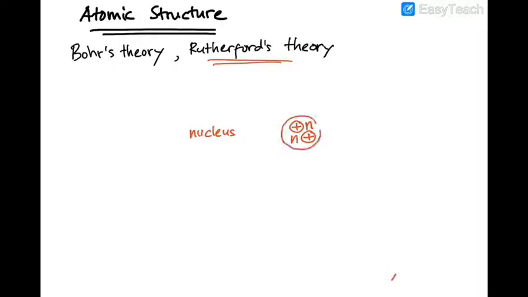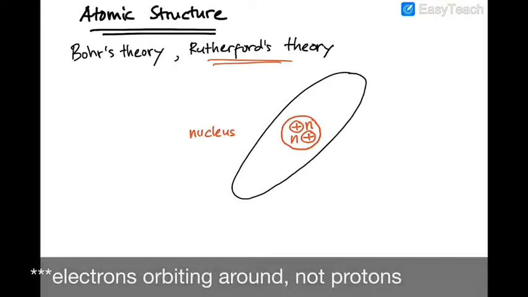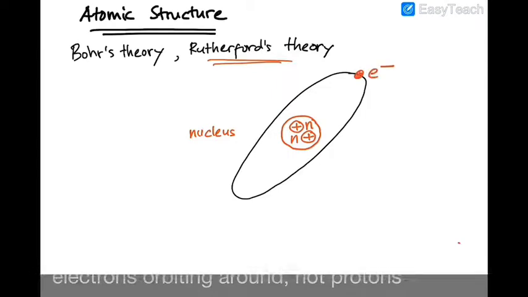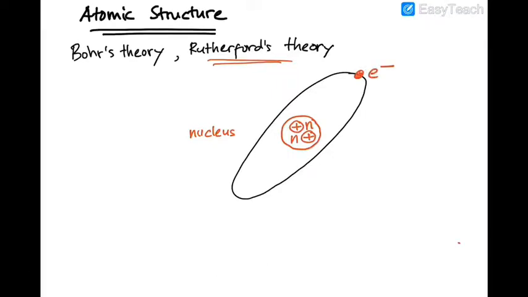So these two make up the nucleus. Electrons orbit around basically like planets orbit around the sun. So it's almost like that. You have electrons, or in this case, one electron orbits around the positively charged nucleus, and also there are some neutrons in the nucleus as well.